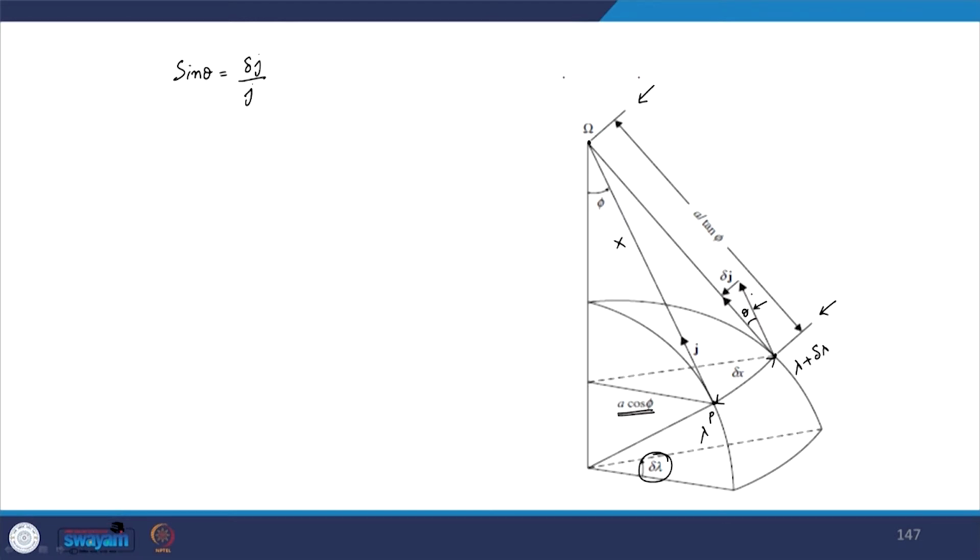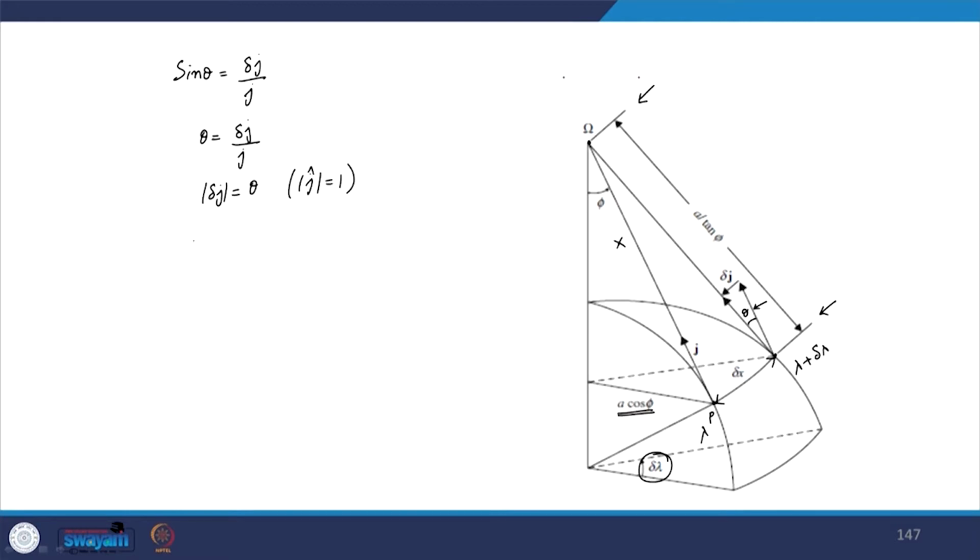So sin theta is delta j by j. For very small angles we write theta itself equal to delta j by j. If we take the magnitude, the magnitude of delta j becomes simply equal to theta, because the magnitude of a unit vector is simply 1.